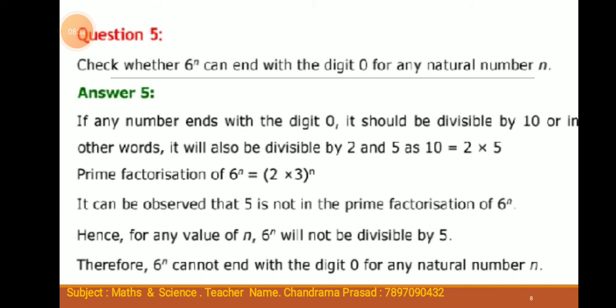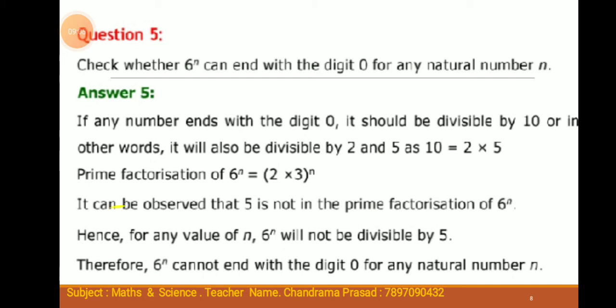Question number 5. Check whether 6 power n can end with the digit 0 for any natural number n. Solution. If any number ends with 0, it should be divisible by 10, or you can say that it will also be divisible by 2 and 5.